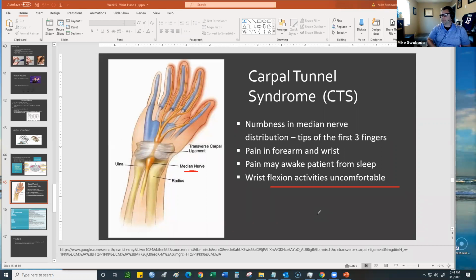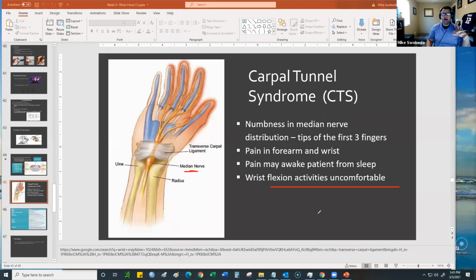Why do you think that is? Yeah, absolutely. When you flex the wrist, you're going to compress that area even more.